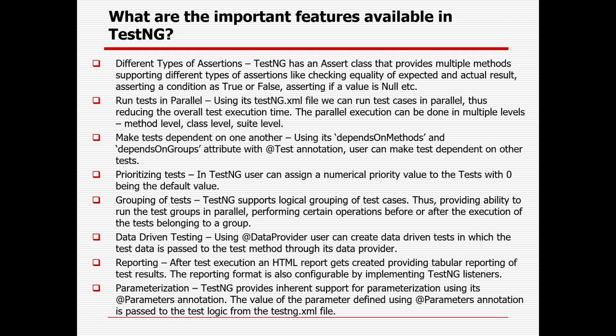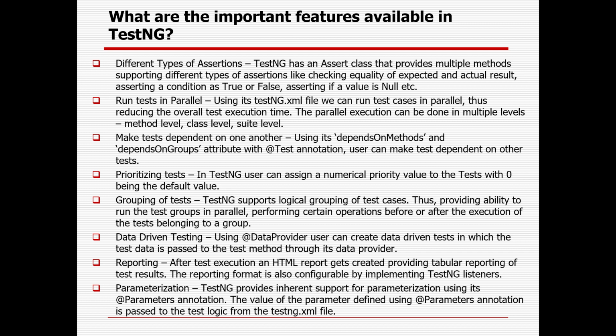What different types of assertion are also available in TestNG? TestNG has an Assert class which provides multiple methods supporting different types of assertion, like checking equality of expected and actual result, asserting a condition as true or false, asserting if a value is null. In any testing you are doing, functional, non-functional, API, automation, you would require some validation point, because your testing is not only about end-to-end flow from one page to another page.